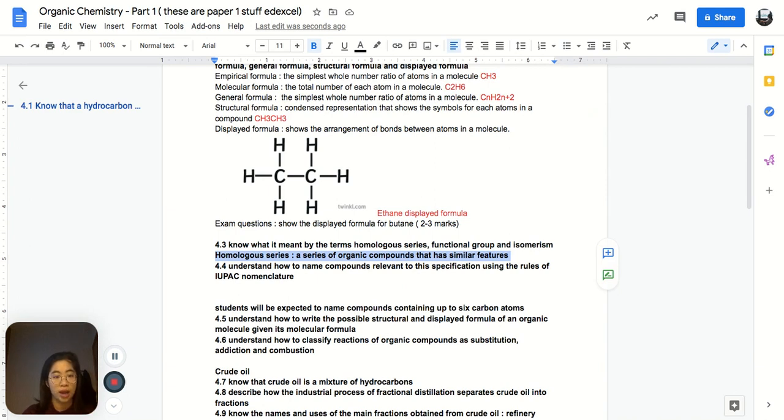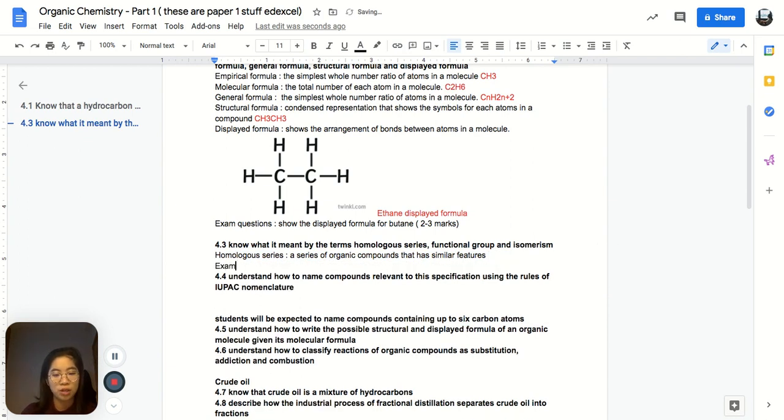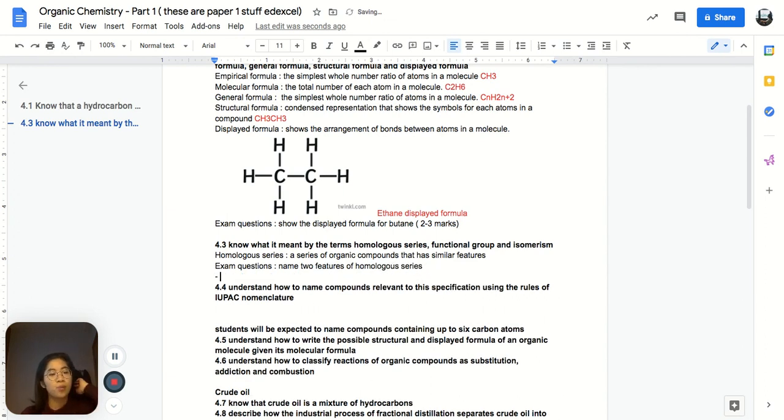They have the same general formula, and that's one of the features that you could say for homologous series. An exam question could probably ask you, name 2 features of homologous series. Then I would give you guys 5 things to remember, and you guys could just name 2 of them. First, I already told you guys, they have the same general formula.